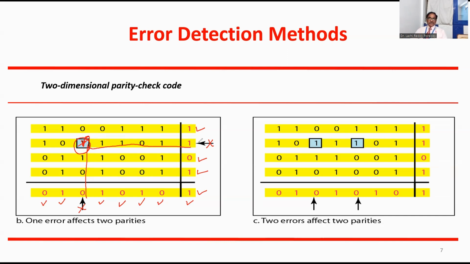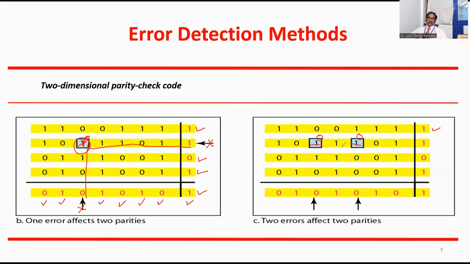Now, suppose there are 2 errors. This one is received as 0 and this one is also received as 0. Originally they are 1 only. So let us assume that they have not been received correctly. Now let us see what is happening in the first row. An even number of ones are there, so the first row is correct, no errors.